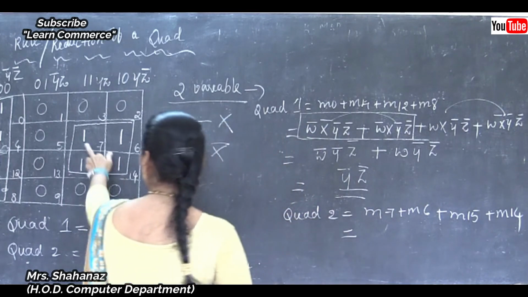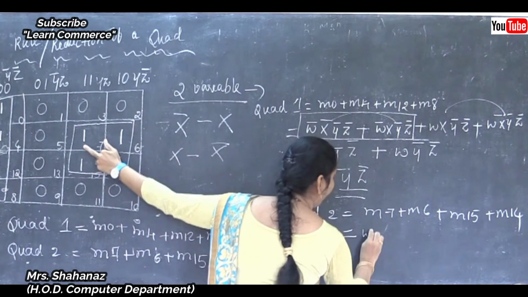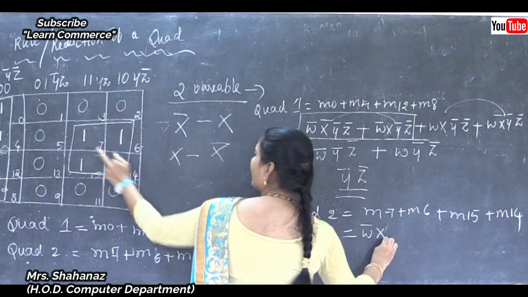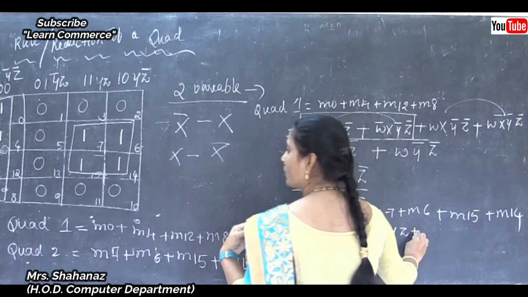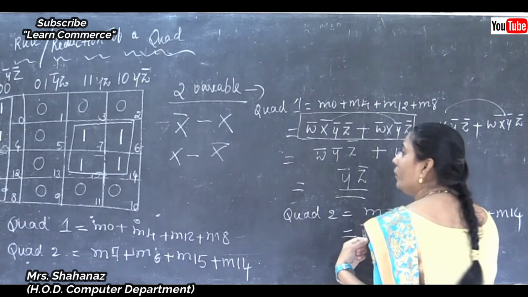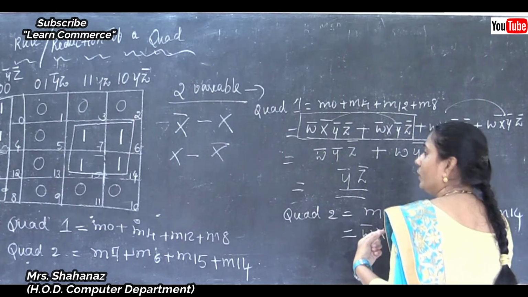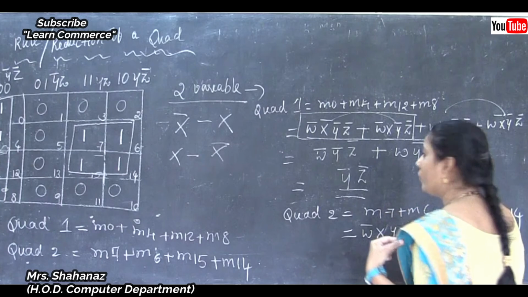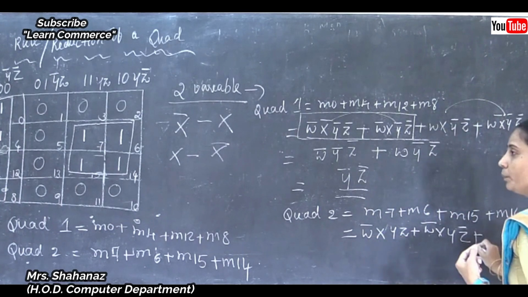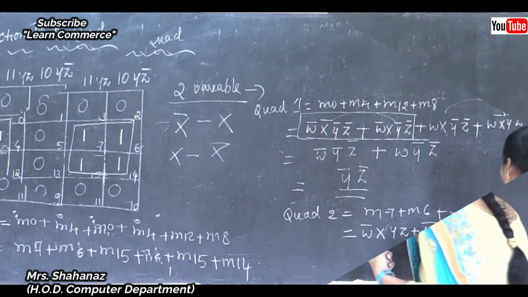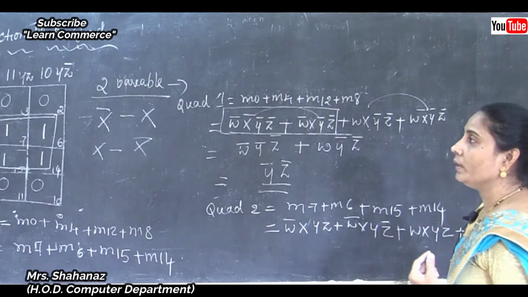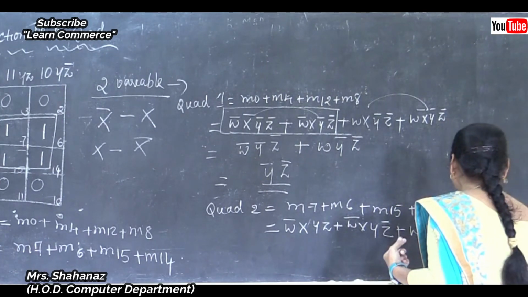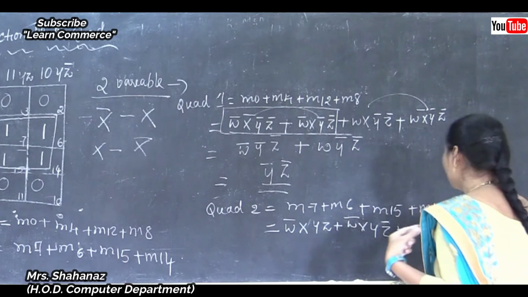So M7 value complement W, X, and next Y, Z. M6 value complement W, X, after that Y, complement Z, plus 15 value W, X, Y, Z, and next the 14 value W, X, Y, complement Z.